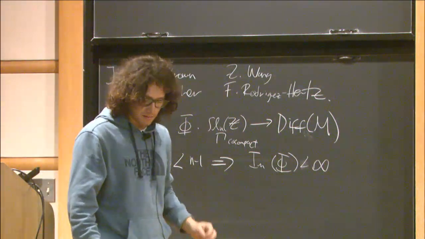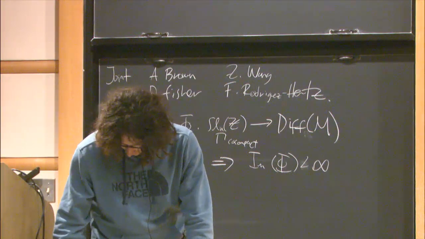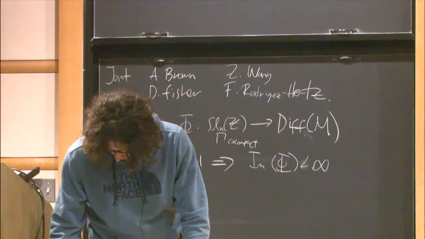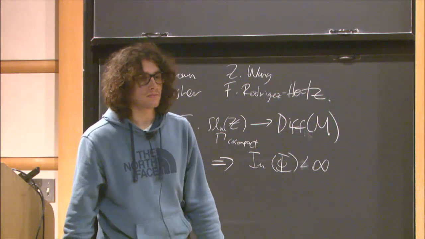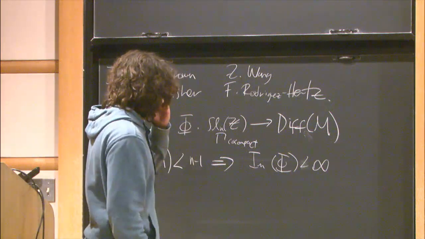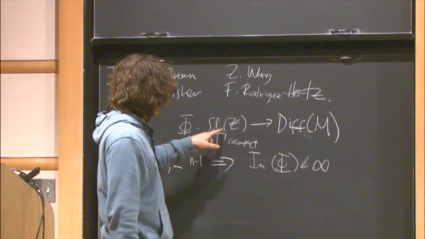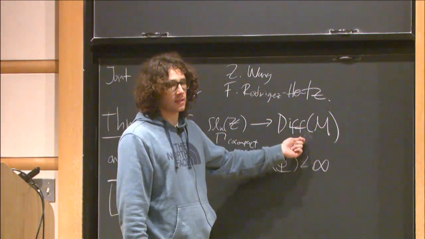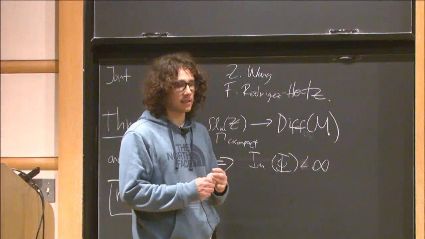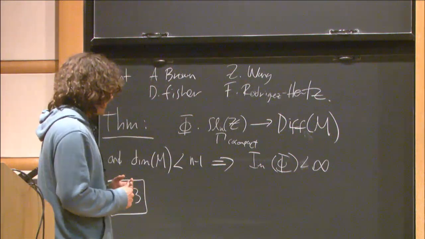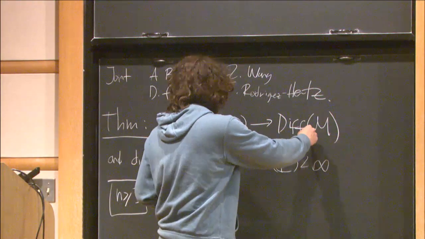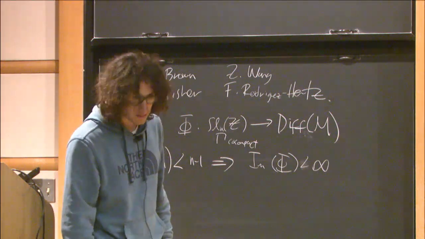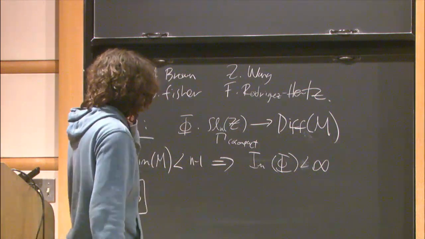So, for example, Polterovich proved that SL_3(Z) cannot act on a surface by volume-preserving diffeomorphisms, so it doesn't exist. When you put the assumption on volume here, you can take this less than n.